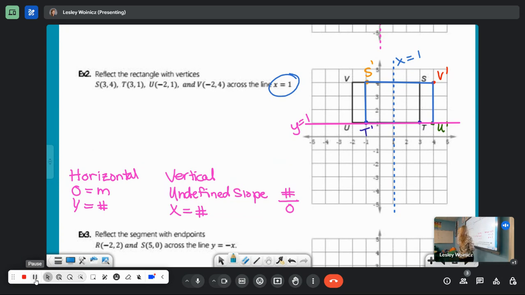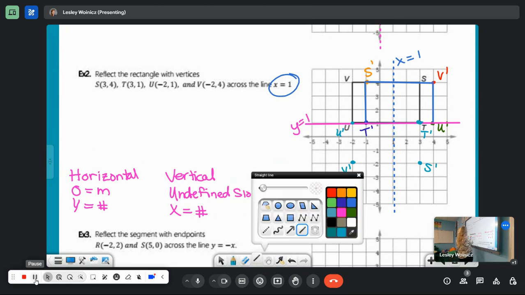U would be U prime, because it's on the line of reflection. T would also be T prime, because it's on the line of reflection. How far above the line of reflection is point B? 3. So it's going to go 3 below. There would be our V prime, and same with our S prime.